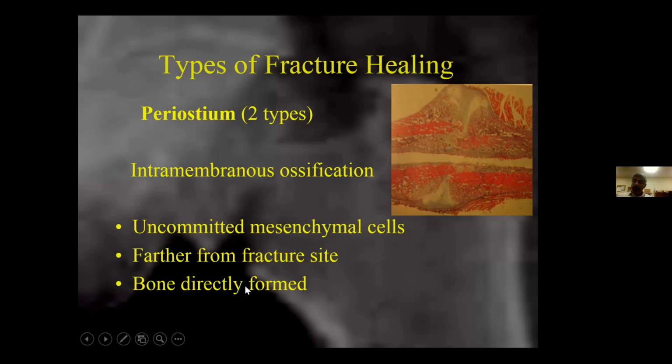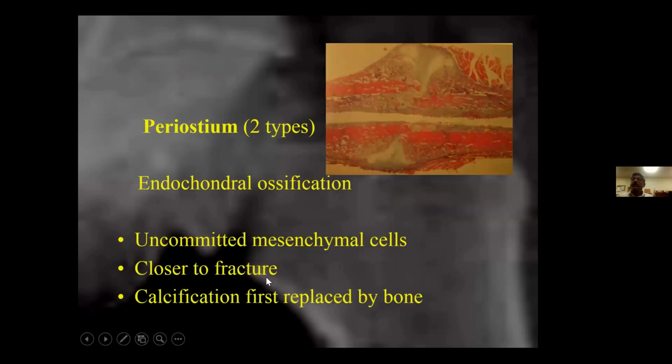Then the periosteum is still contributing, and the second manner it contributes is the endochondral ossification. And in this one, you have your true bone healing, which is uncommitted mesenchymal cells closer to the fracture. And this is the standard classical method where there's calcification first and then it's replaced by bone.